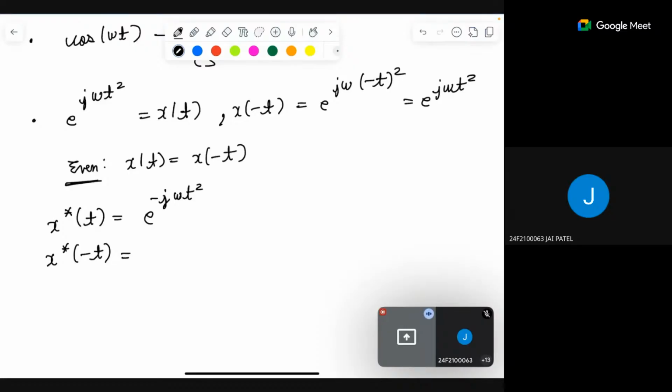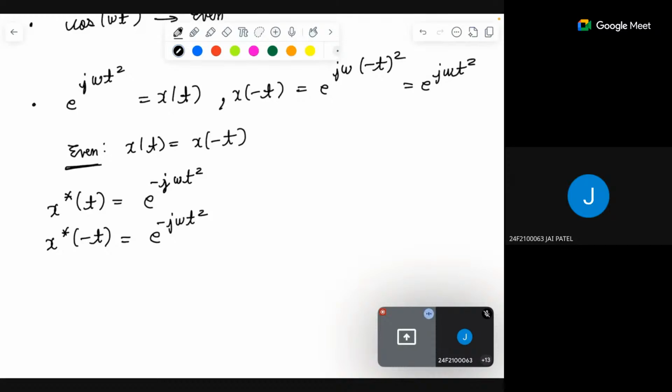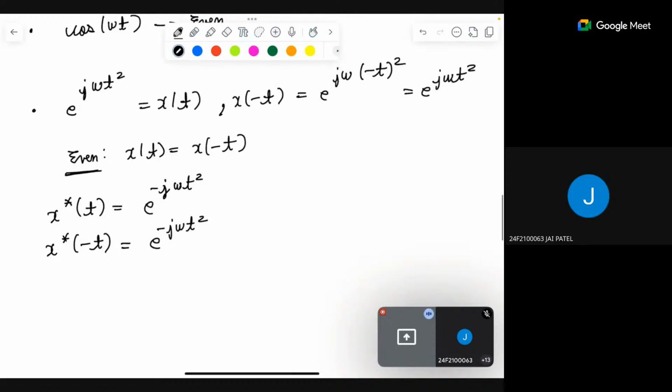I replace t by minus t, but it is a square, so it stays as it is. This is not equal to x of t, nor is it equal to minus of that. So it is neither conjugate symmetric nor conjugate asymmetric.